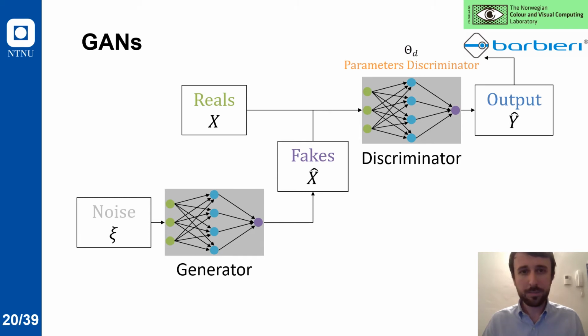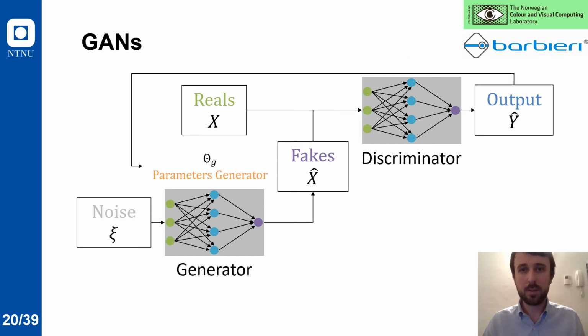In particular, the parameters of the discriminator are optimized to recognize real data from fake ones, while those of the generator aim at maximizing the number of fake data recognized as real by the discriminator. The two networks are usually trained in an alternate way.